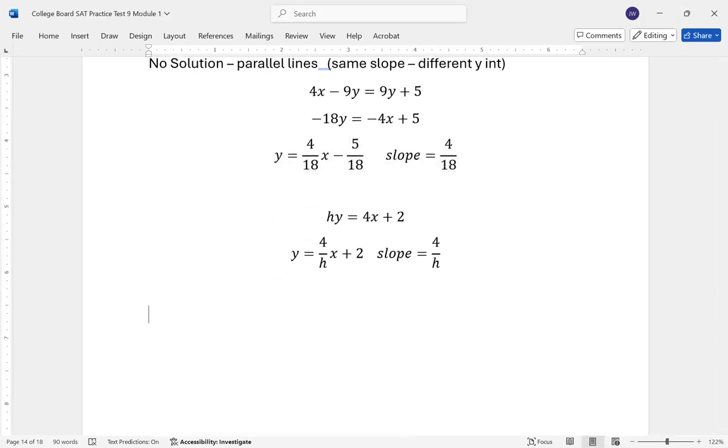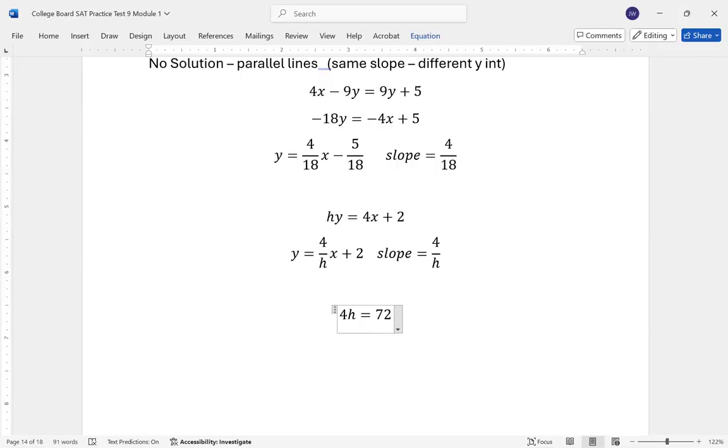If you want to do the actual calculations, just set those slopes equal and solve: multiply both sides by h, multiply both sides by 18, and you would end up with 4 times h on one side equals 18 times 4 on the other.